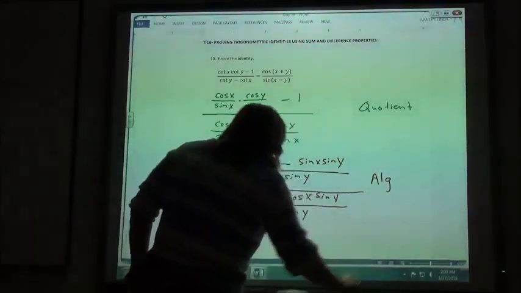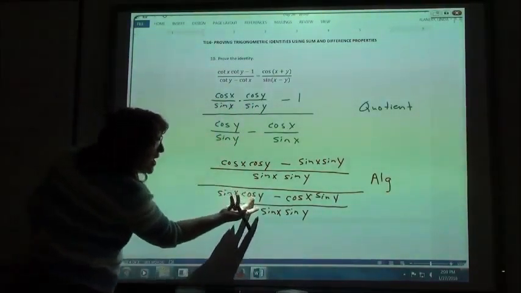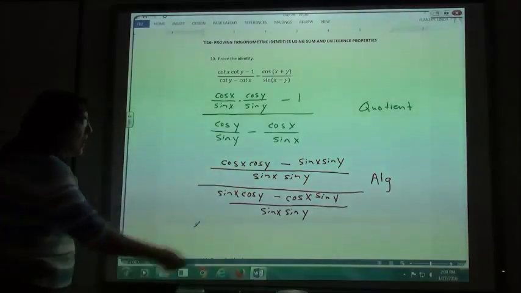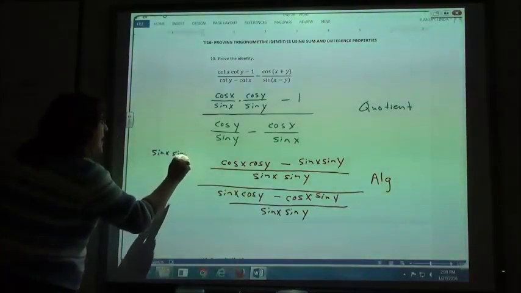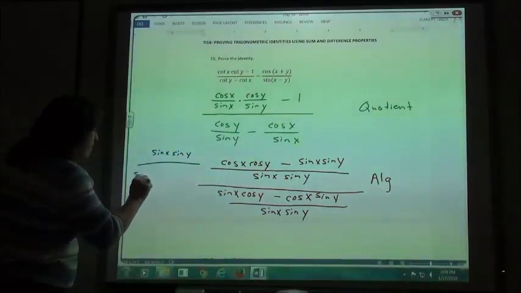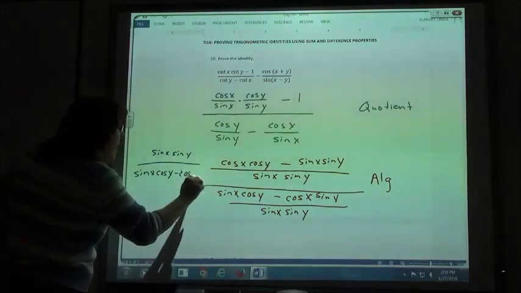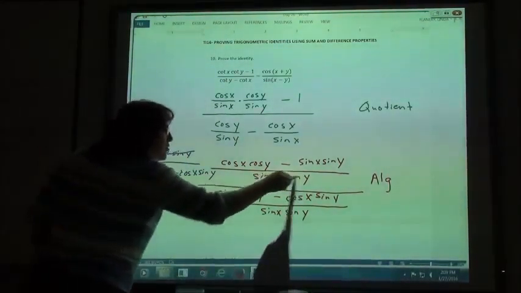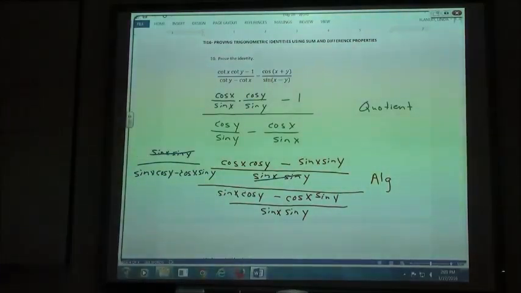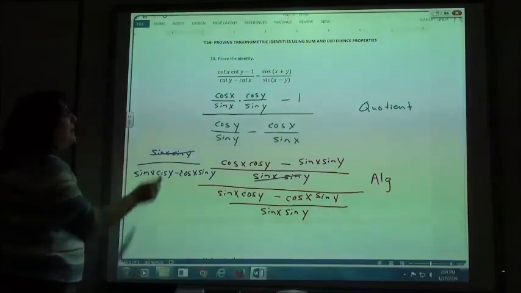But my next step, I have one fraction divided by another fraction. I can invert and multiply. So this is going to be sine of x, sine of y over sine of x cosine of y minus cosine of x sine of y. And then I'm going to be able to cancel that out. And so I'm going to end up with this on top, this on the bottom.